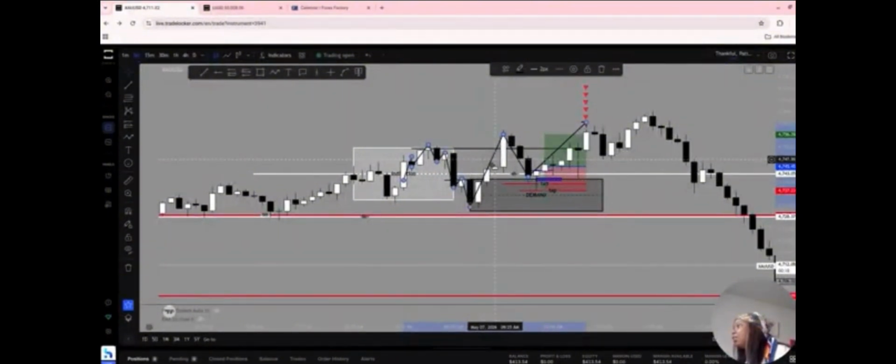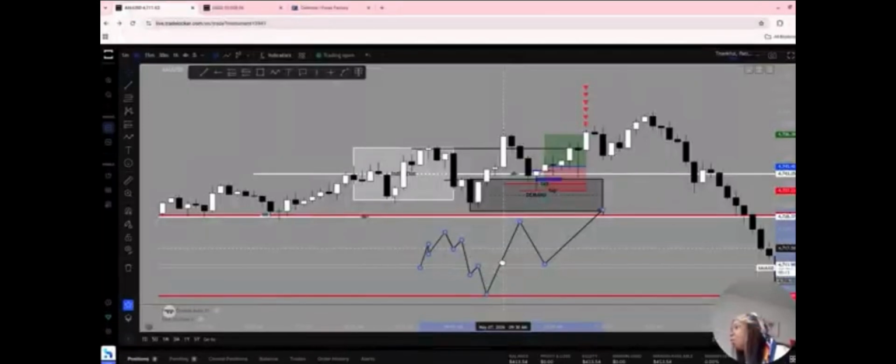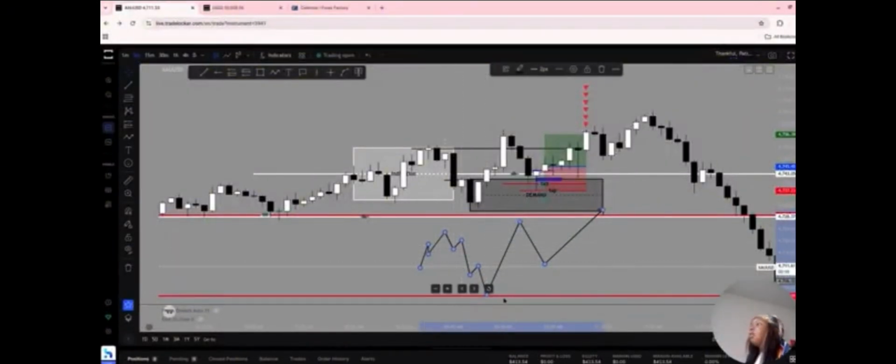So when you're looking at the indication on your 1 hour, you're going to see the opposite on your lower time frame, and then once it's continuing, you want to see the same thing on your higher time frame. So when it's indicating, your lower time frame and your higher time frames are going to look the same.